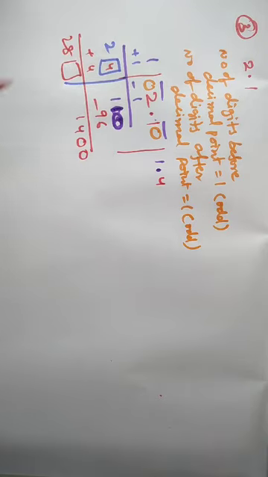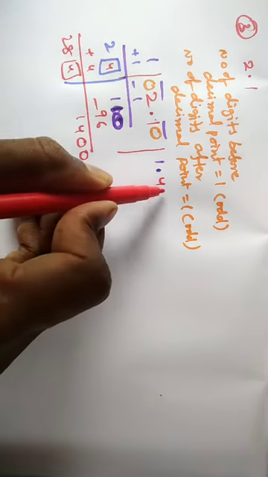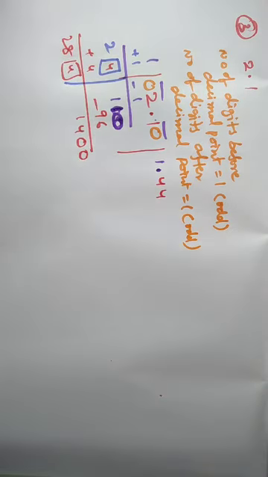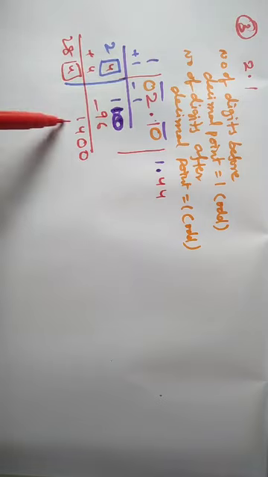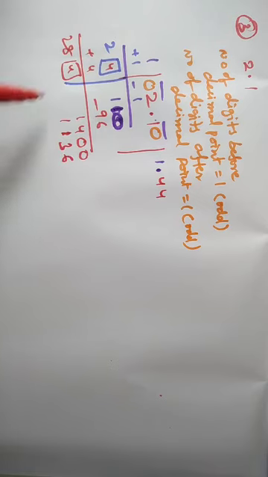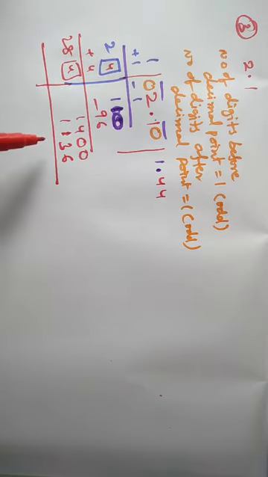So 281 ones are 281. Like that we can take 284 fours are 1136. Then the value is 264.